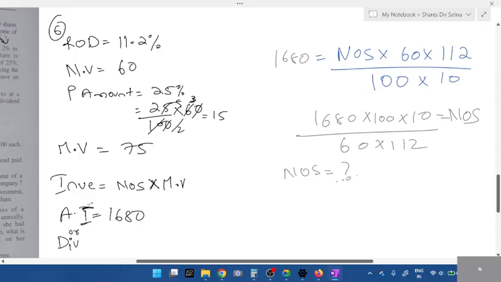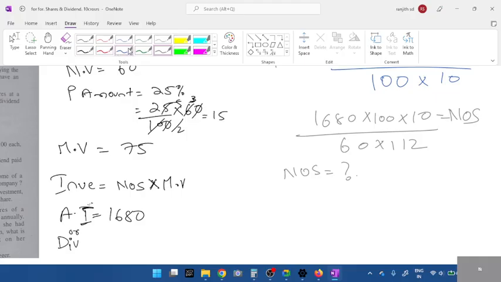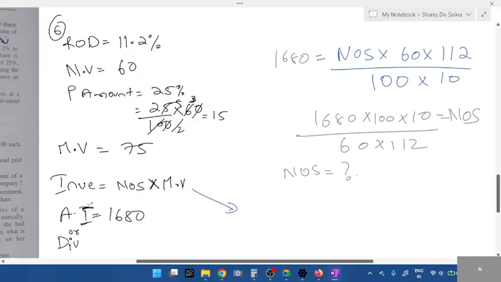So you'll get the number of shares from annual income, students. See, that is how they set the question and later use this for investment.